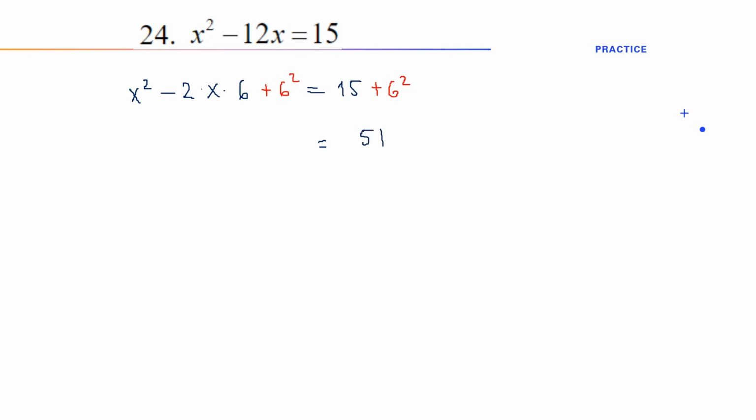And now we have x minus 6, all squared. So we have x minus 6 equals plus or minus the square root of 51. x equals 6 plus or minus the square root of 51.